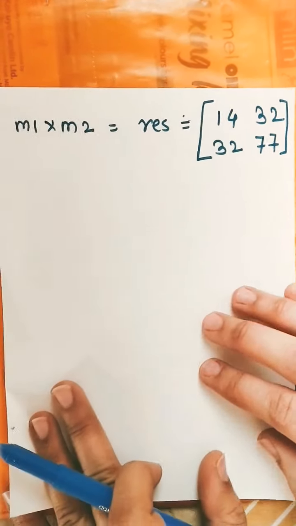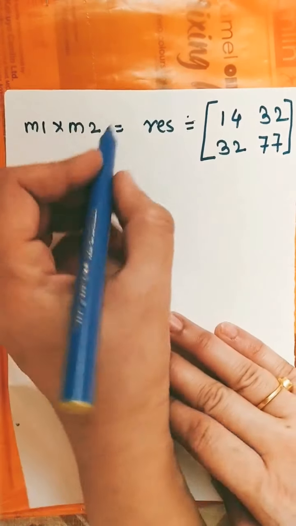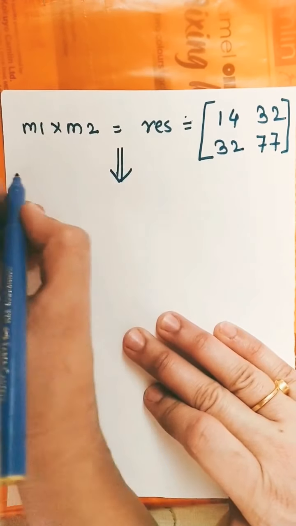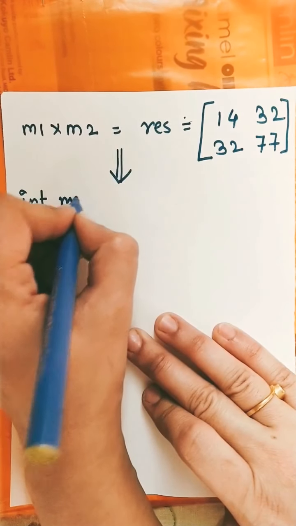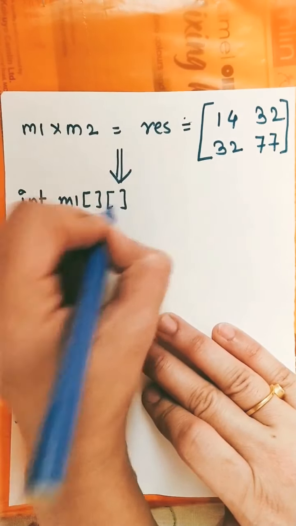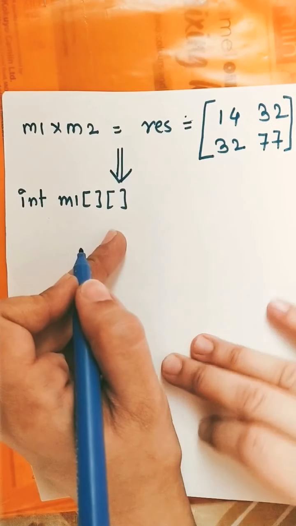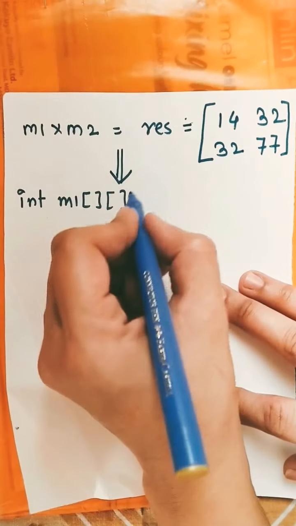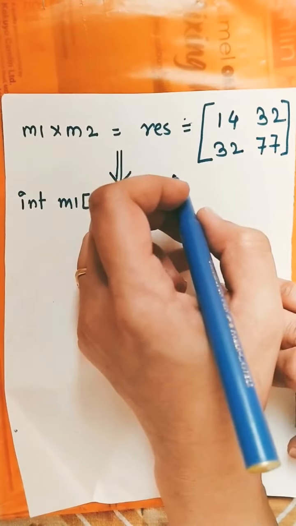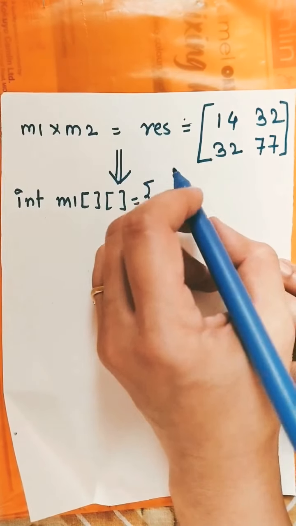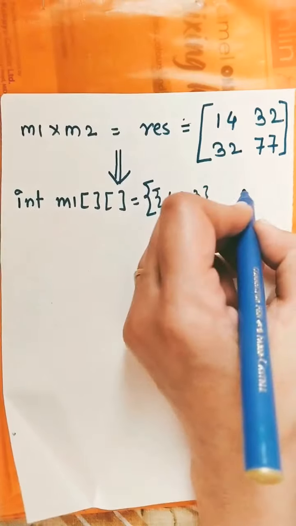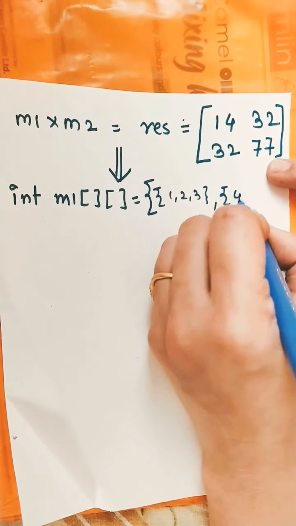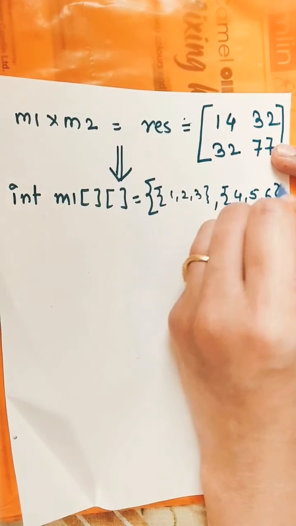When we want to implement the same concept programmatically, what do we have to do? We have to take an integer two-dimensional array, because it will hold the data in the form of rows and columns, which has values 1, 2, 3 in the first row and 4, 5, 6 in the second row.